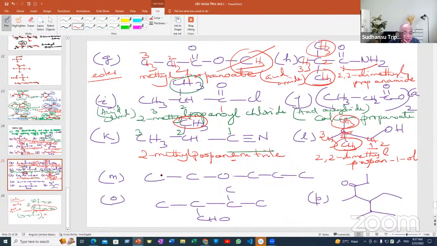Now this is an ether. If there is only O, the class is ether. And this is alcohol, goes without saying. Ether. So that you know this is alkoxyalkane. Ether doesn't have any secondary suffix.